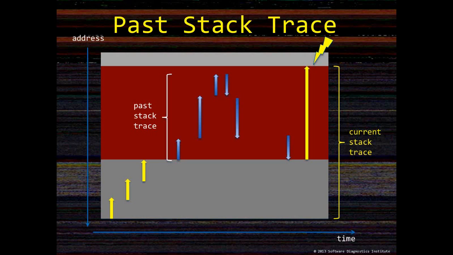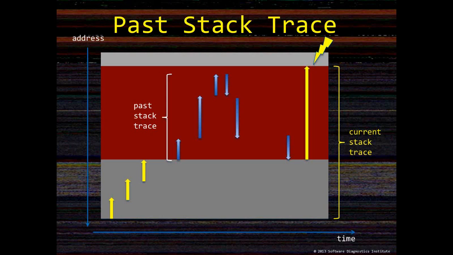This is all done to have this past stack trace located far away from crash dump processing so that it doesn't overwrite the past stack trace. Anyway, all this is better seen in WinDbg.